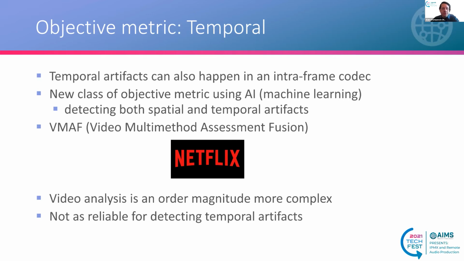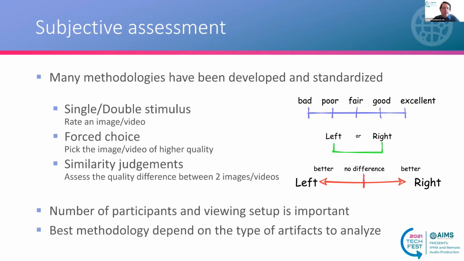Now let's move to subjective assessment. Subjective assessment can be quite simple. Show someone an image or a video and get his feedback. However, to get a useful and comparable result in an efficient manner, over time, different types of methodologies have been developed and standardized to do subjective assessment. Some popular methods include single or double stimulus, where the subject gives his rating from bad to excellent or from 1 to 10, without or with seeing the reference.